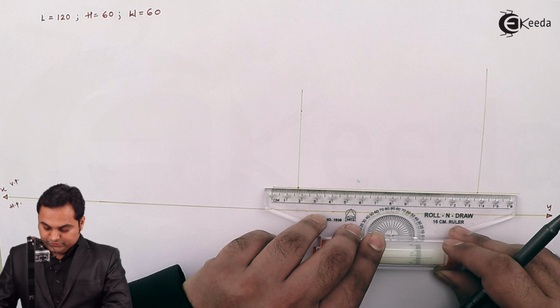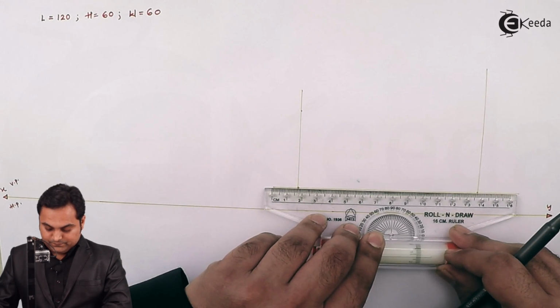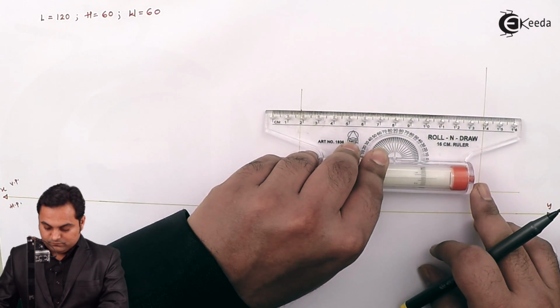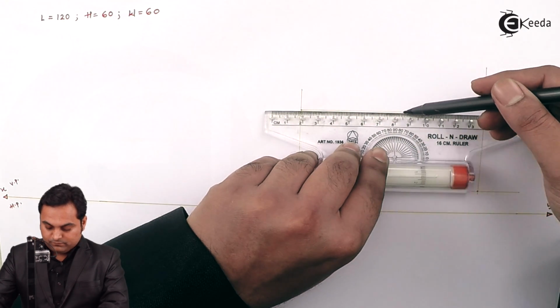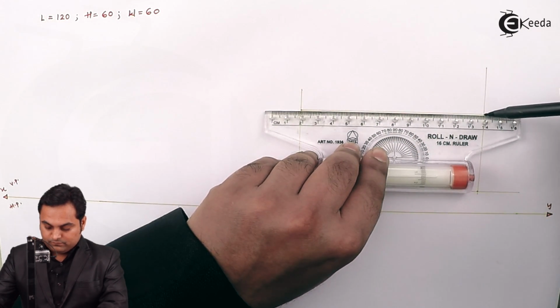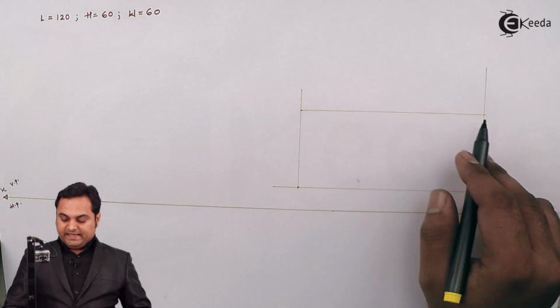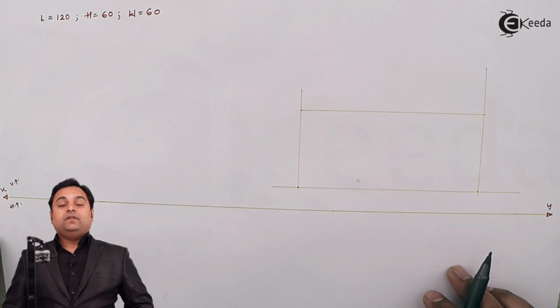Drawing a parallel horizontal line. So here we have a rectangle of length 120 and height 60.